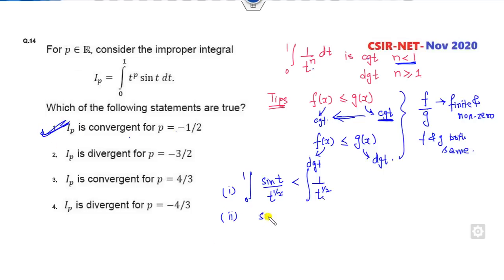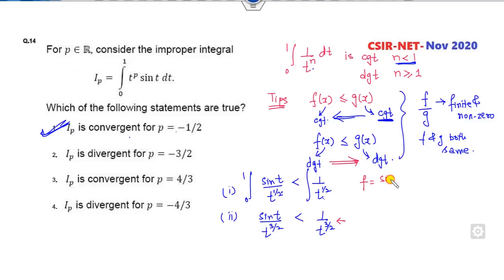Look at the second option. This is sine of t divided by t raised to power 3 by 2, which is always less than this. Now this is divergent, but we can never say this is divergent. The converse holds: if you prove this is divergent, then this is true. So this result is not applicable. Then we apply the ratio.